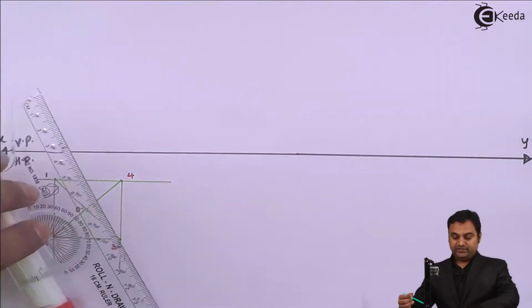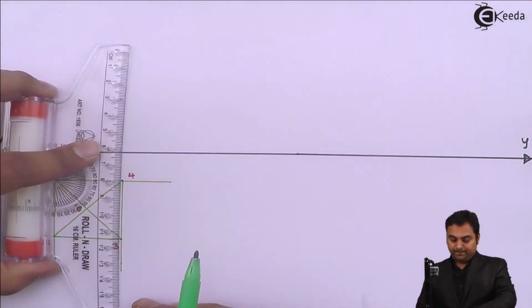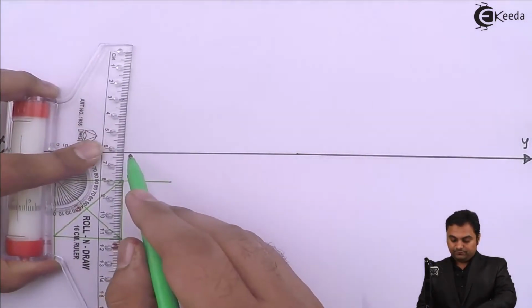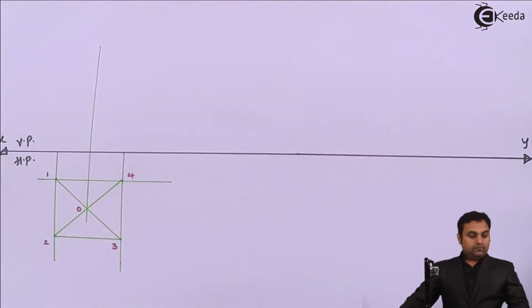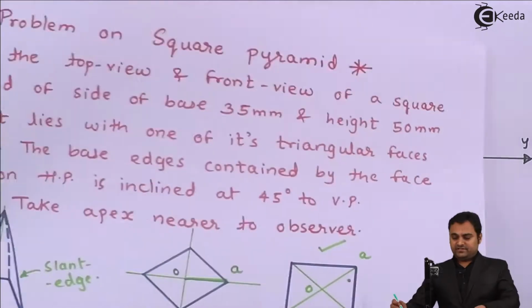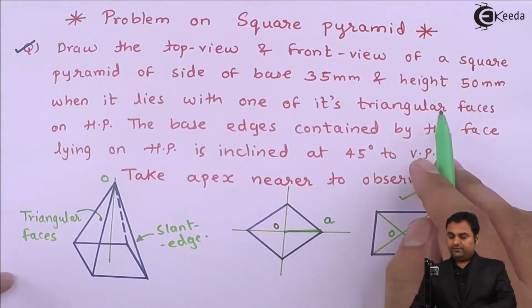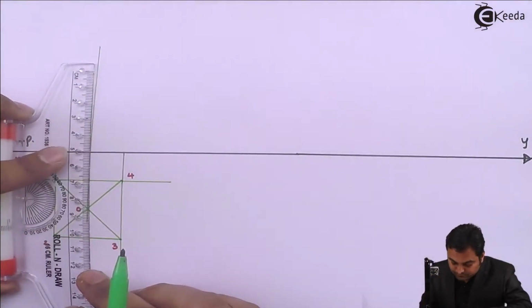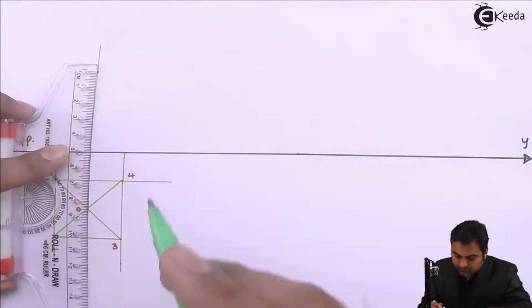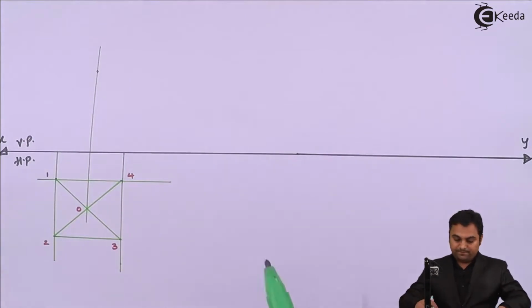Then I'll be projecting this in the front view, that is the pyramid in the front view. The apex height is given as height of the pyramid or height of the apex as 50 mm. Measuring 50 mm.